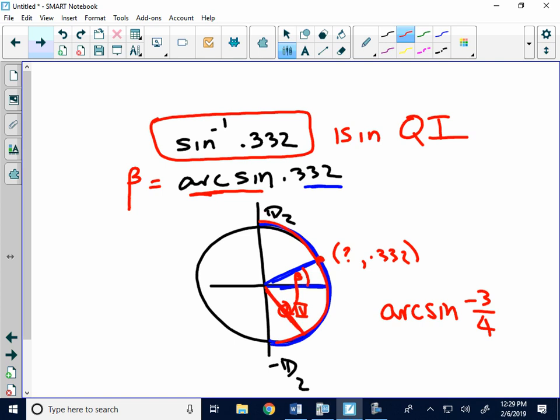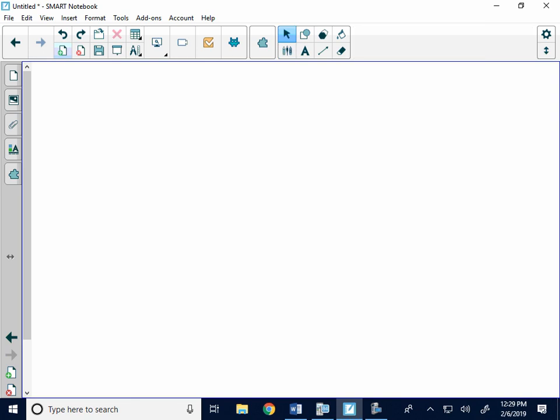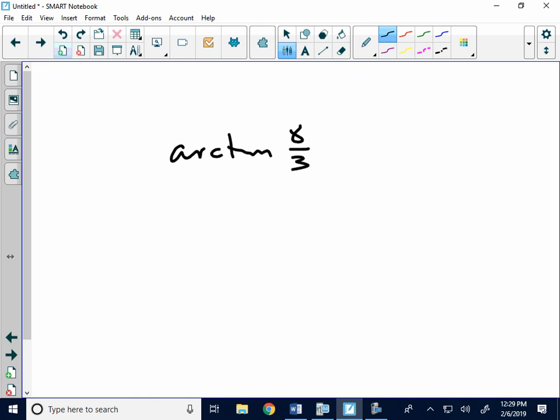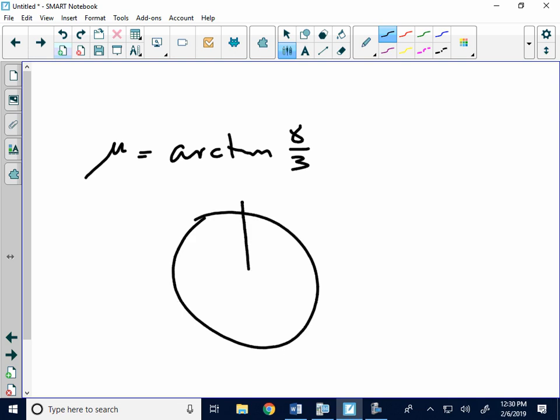Arctan, likewise, arctan, let's say, of 8/3. This is some arc or some angle. Let me call this one mu. Mu is an arc or an angle, and the arctan is only defined on the right side of the circle. We never actually get to the top or bottom, right?